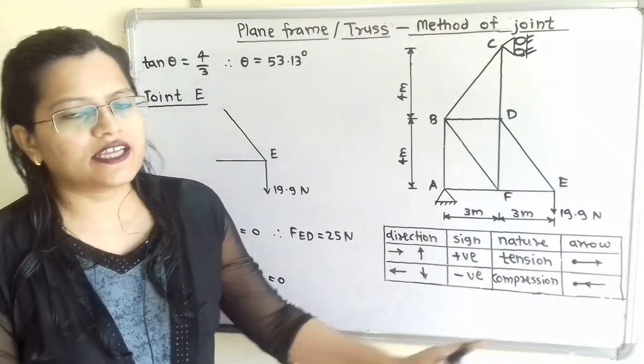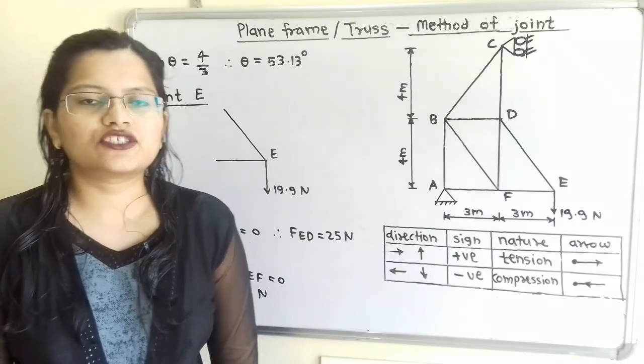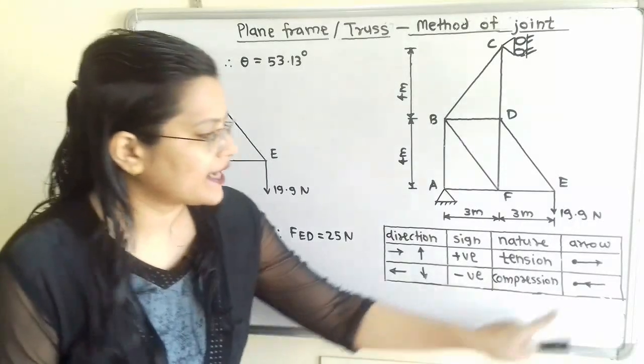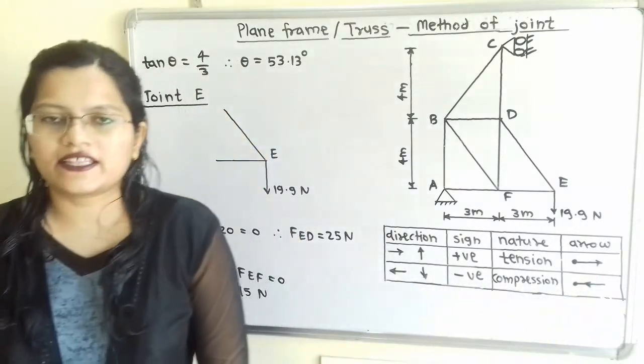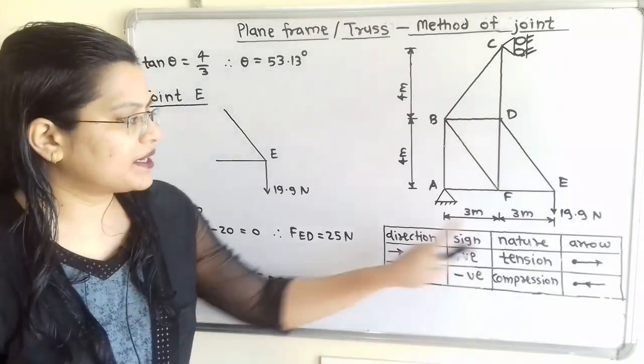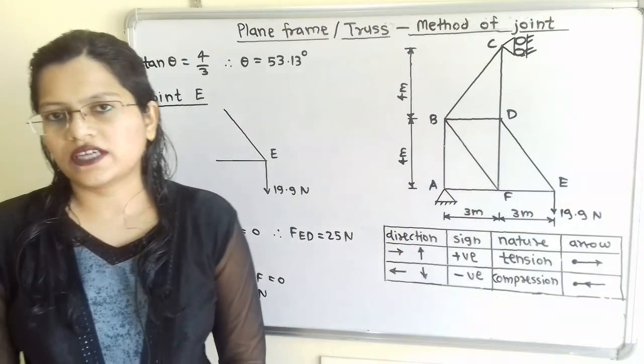And for that nature, how to show the arrow? We have to show the direction of the arrow towards the joint. So this point is known as the joint, and we show the direction towards the joint. This table is important and we will apply these basic rules to the answer.